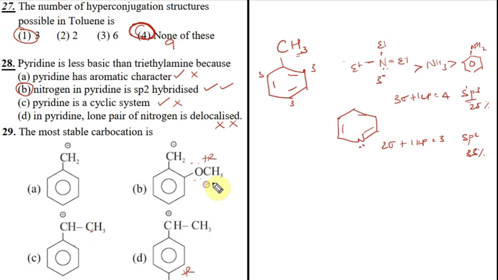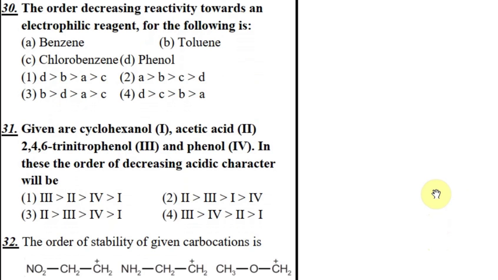You get minus I in ortho, whereas you don't get I. So this is going to be most stable because not only does it have plus R, it also has hyperconjugation. This one has plus R but also has minus I. So my D is greater than B, which is greater than my C because it has hyperconjugation, which is greater than my A.